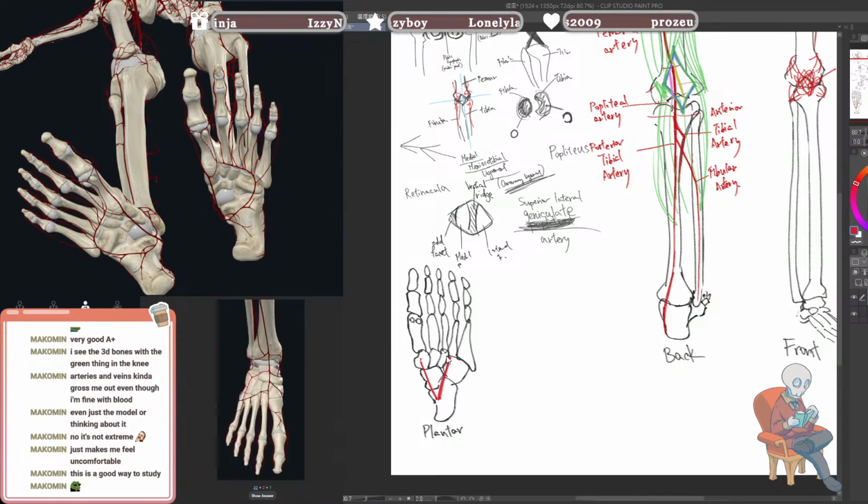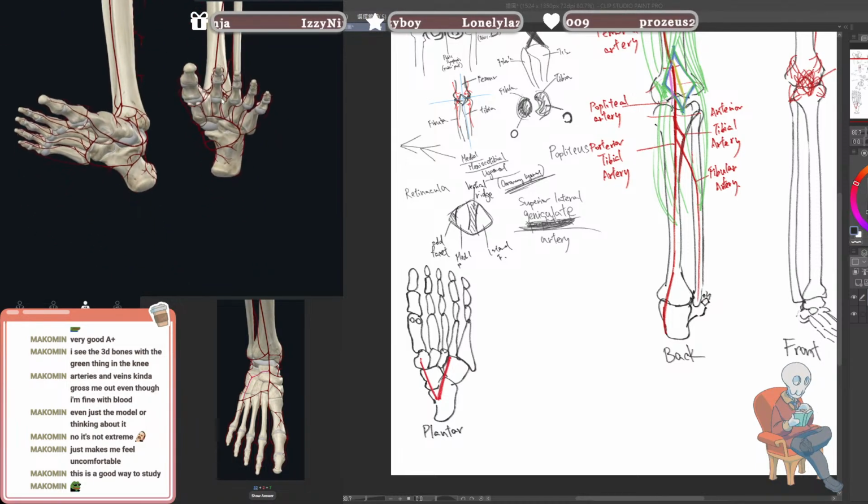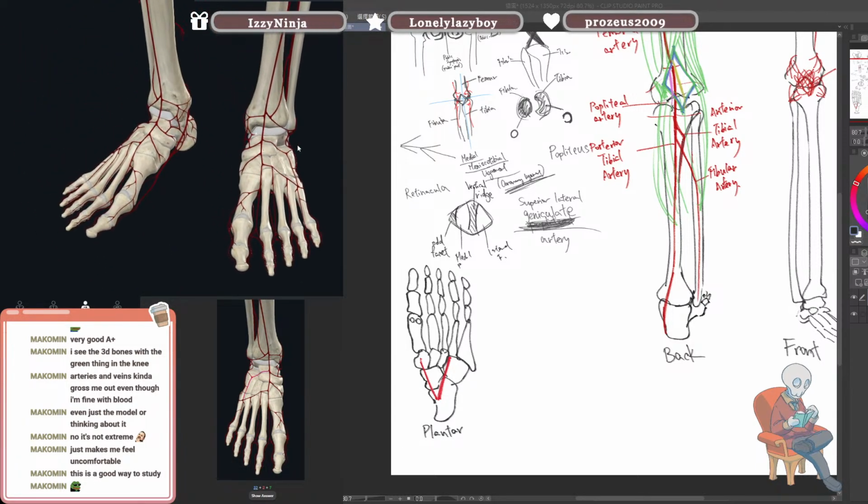This would be easy. And this one is at the dorsum of your feet. I'm gonna draw it again. Move it to the dorsum side.